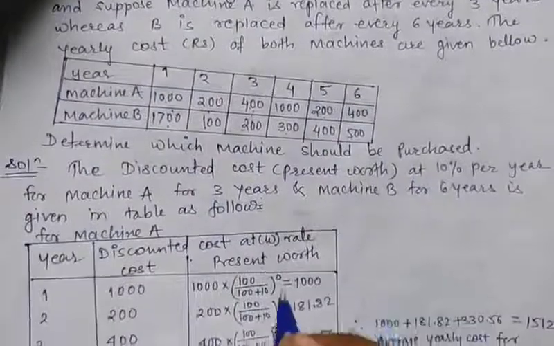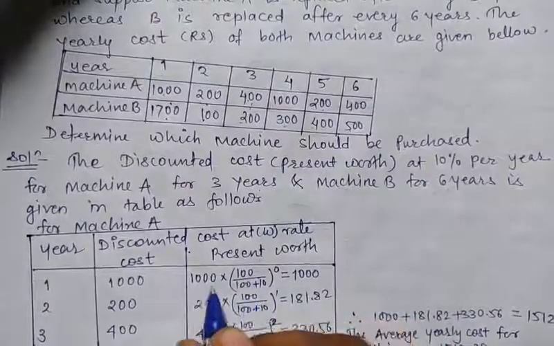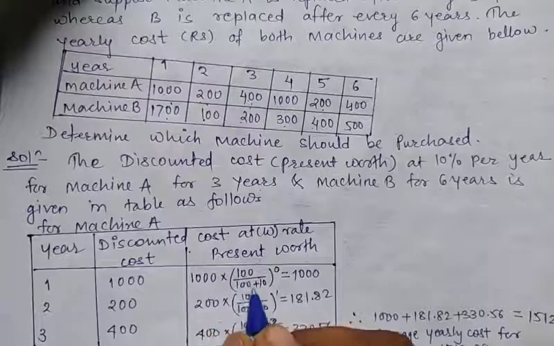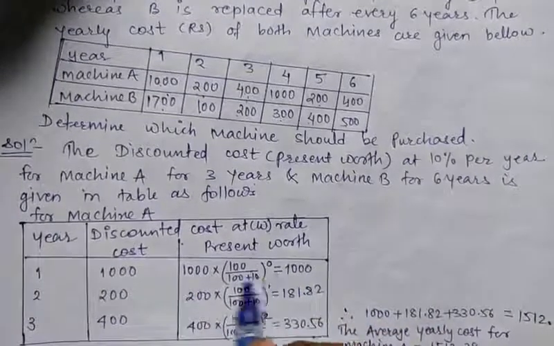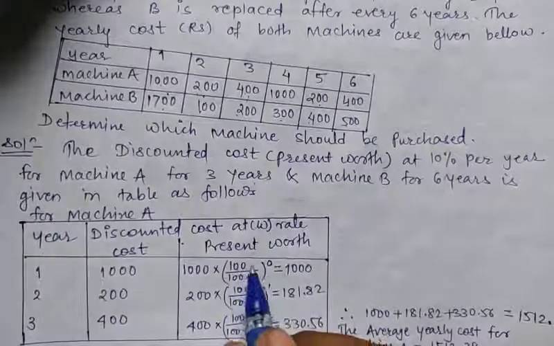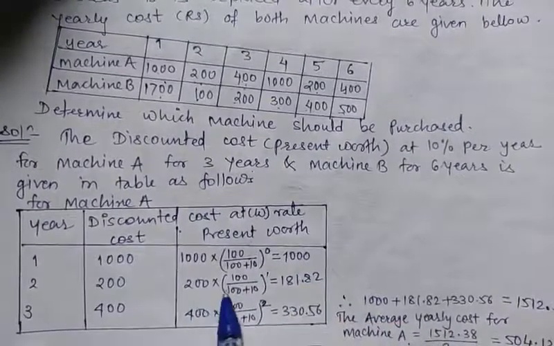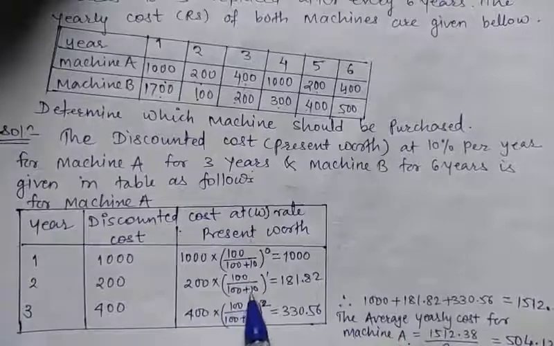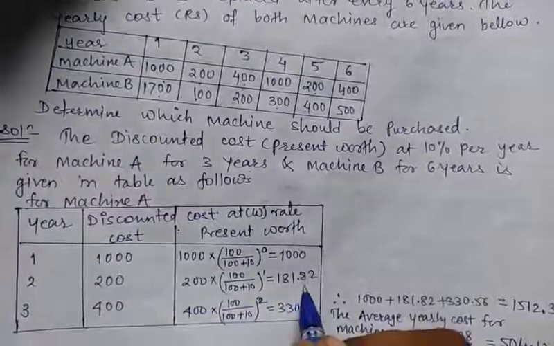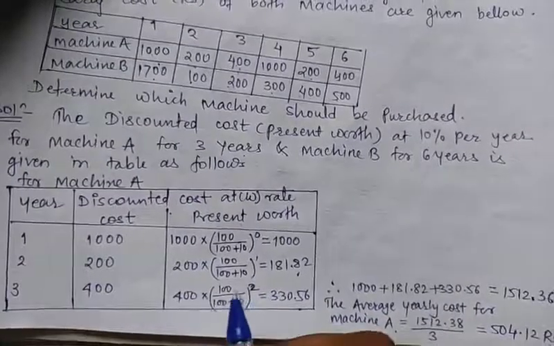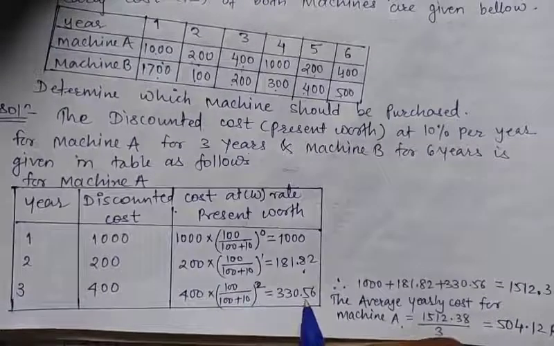So 1000 into 100 upon (100 plus 10) raised to 0 power. Any number raised to 0 power is always 1, so we get 1000. Next, 200 into 100 upon (100 plus 10); after calculating we get 181.82. And last, 400 into 100 upon (100 plus 10) squared, we get 330.56.